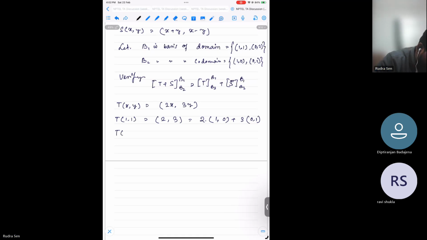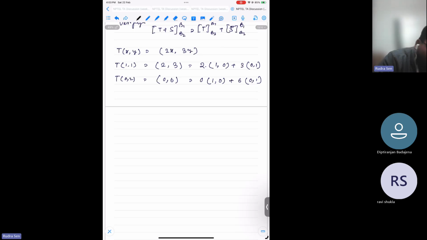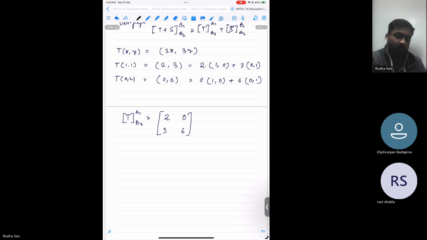Similarly, (0, 2) gives (0, 6). So we can represent these in the codomain space with the basis vectors. So what should be this matrix T of B1 to B2? This matrix is [2 3; 0 6].